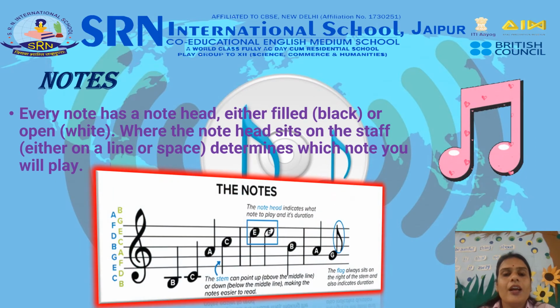Notes. Notes placed on the staff tell us which note letter to play on your instrument and how long to play it. There are 3 parts of each note: the note head, the stem and the flag. Every note has a note head, either filled black or open white.